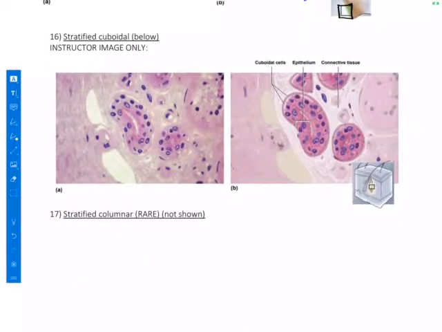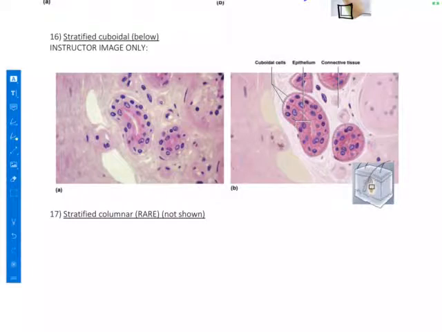Okay, there's another stratified type. It's stratified cuboidal. And stratified cuboidal is made up of 2 or more cell layers. The surface cells are going to be square or round. They secrete sweat, so they would be in the eccrine sweat glands of the skin.